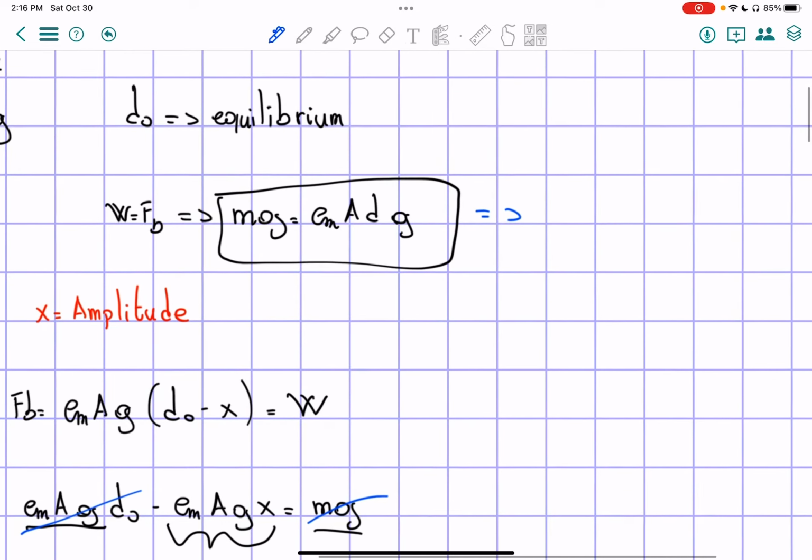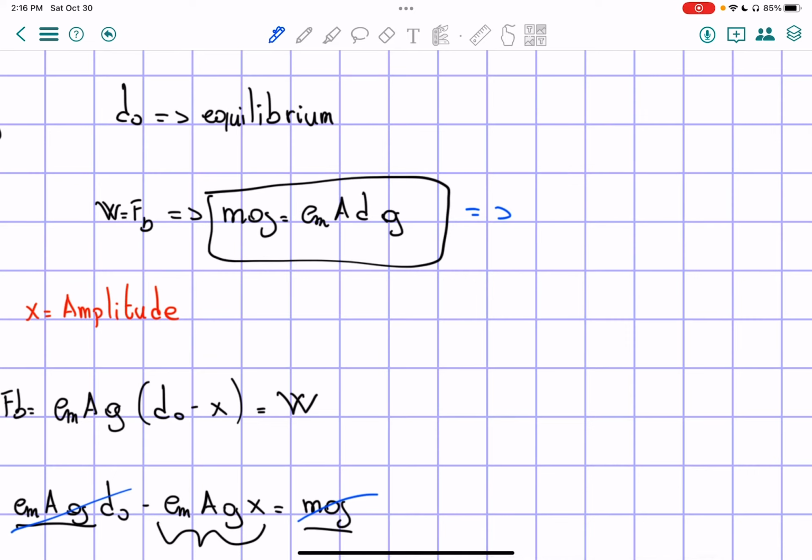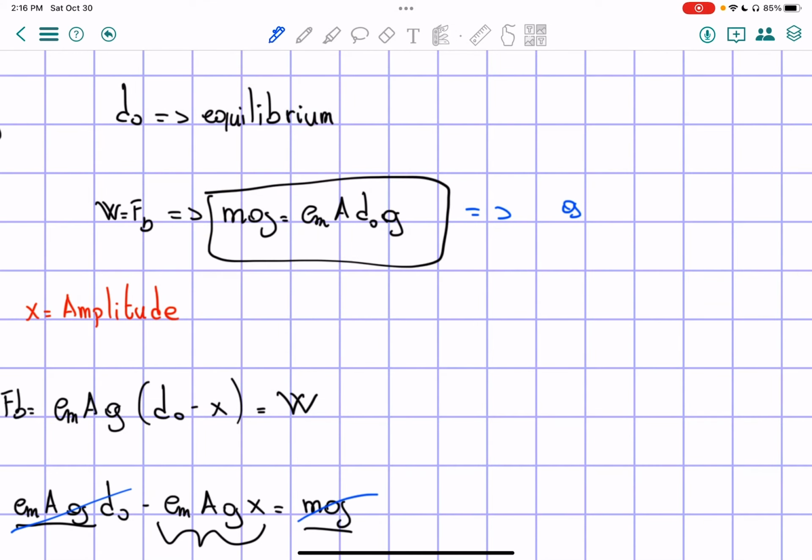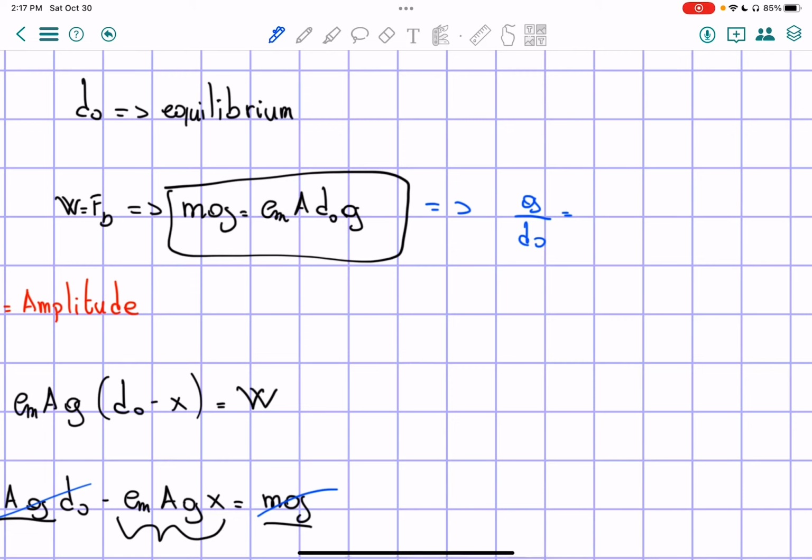So from this, we know that g, in this case we have to call it d naught because that's the initial one, so we have g over d naught equal to the density of the water times the area times the acceleration over the mass.